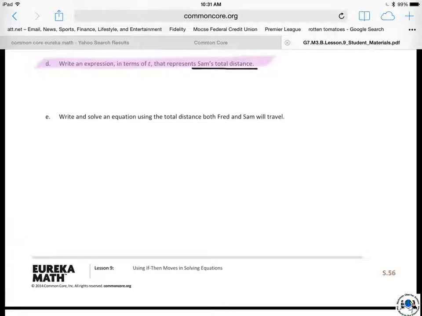Remember when we did Fred's total distance, we used the expression D equals R times T, distance equals rate times time. So I'll give you a hint: you need to find a rate from the problem, and you need to find time. What are you going to use for that t?